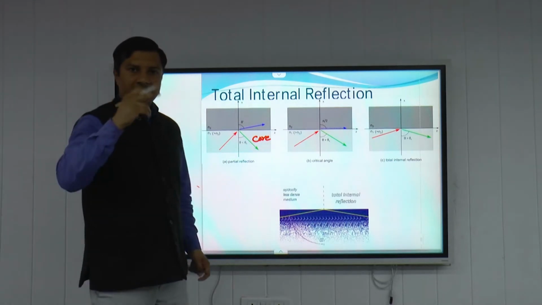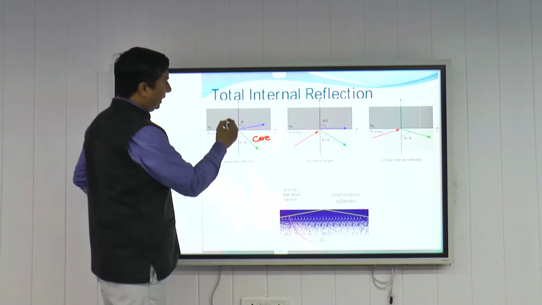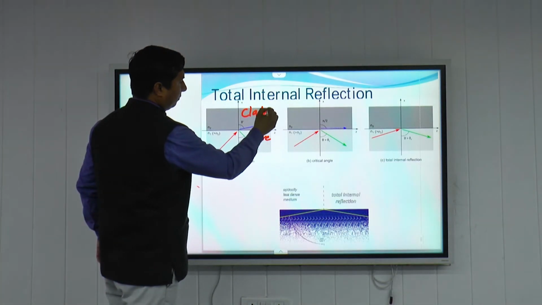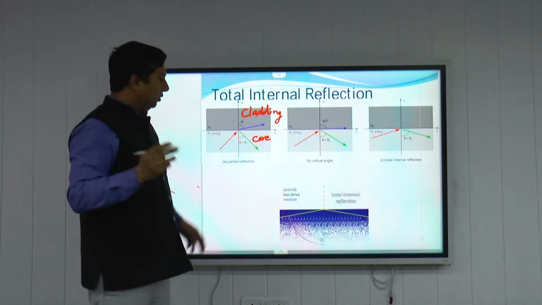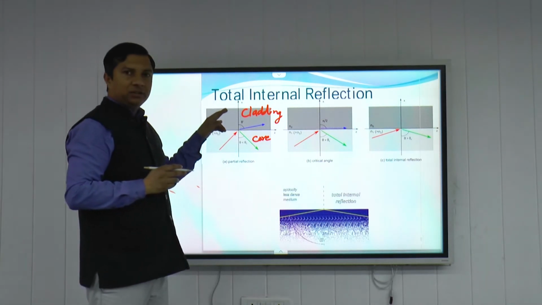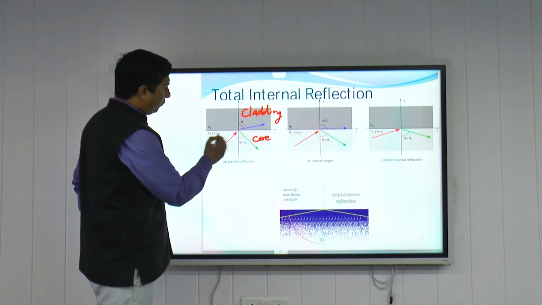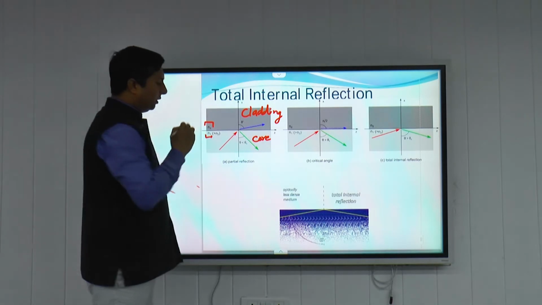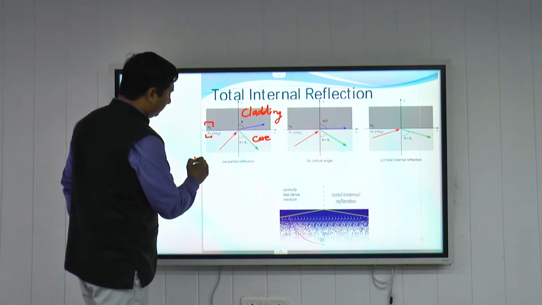Core means the internal layer of optical fiber. Outside it, this is the cladding. Now, cladding has less refractive index than core. So, the refractive index of core is N1 and the refractive index of cladding is N2. And here is air.